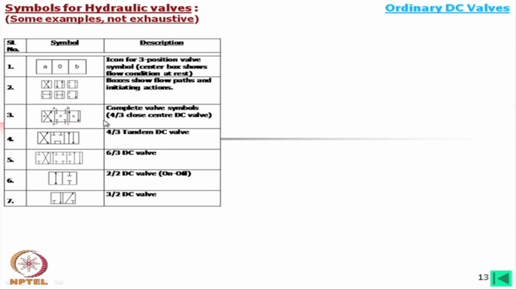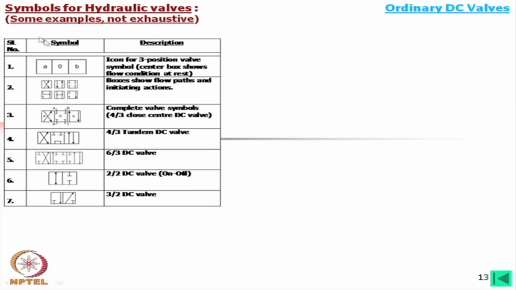Usually a valve is either on-off type, that means either A or B, no intermediate position, but in most cases of hydraulic systems and directional control valves, where we need to stop the system for a while or keep the system idle for a while, there must be a neutral position.